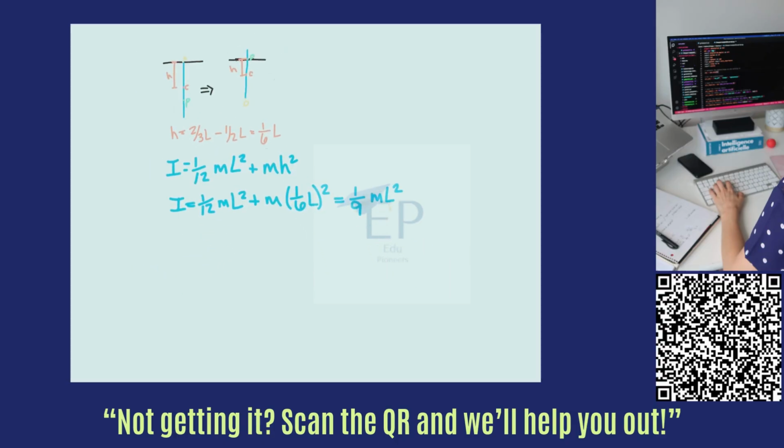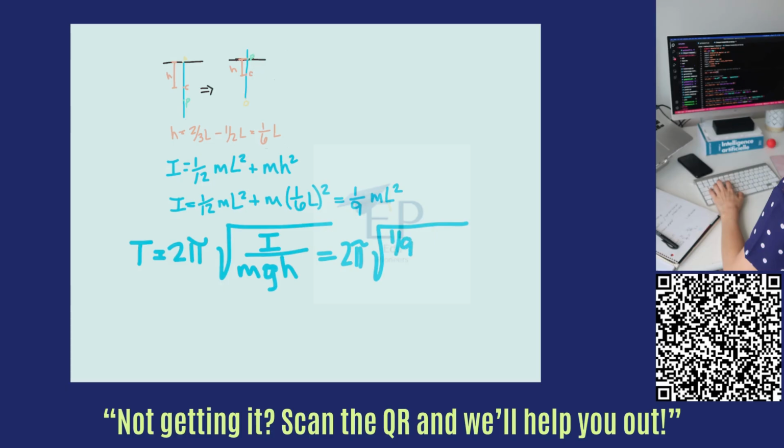Okay, now substituting our inertia into our period formula, we get that period equals 2 pi times the square root of our inertia divided by our mass times gravity times our height, which when we put in our values, we get 2 pi times the square root of 1/9 our mass times length squared divided by mass times gravity times 1/6 our length, okay, which we can simplify.